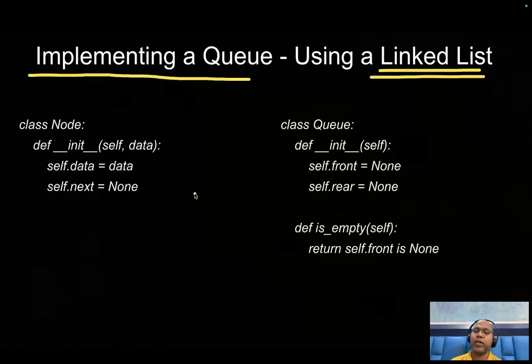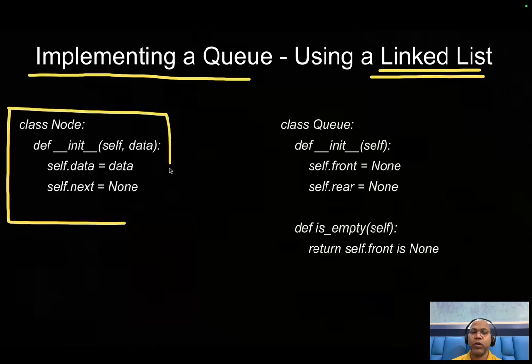Almost every data structure you can implement using maybe a list, maybe an array or linked list. Similarly, here we can also implement a queue using links. Same concept here. We can first create a node.